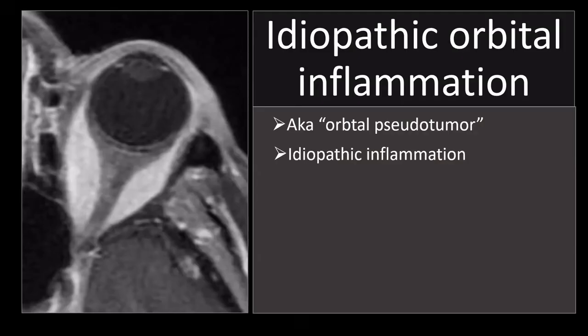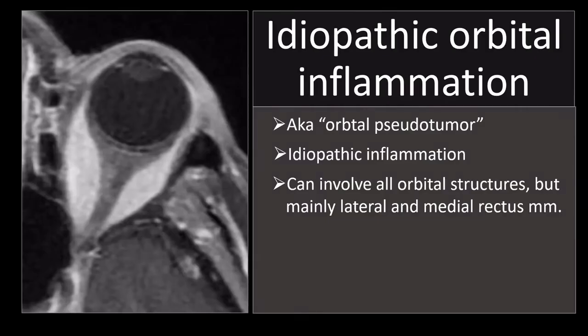As said, it is idiopathic inflammation. It can be seen in a variety of autoimmune disorders, or is related with various autoimmune disorders like rheumatoid arthritis, Sjögren, what have you not. But if no cause is found, it is called idiopathic inflammation.